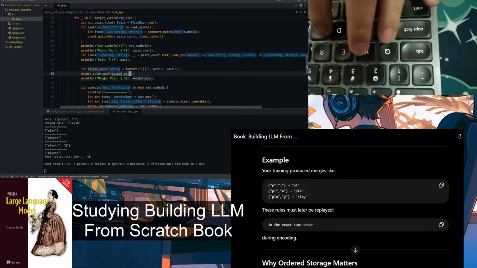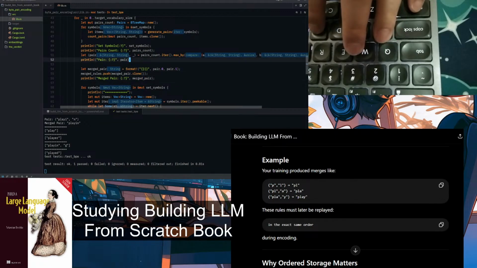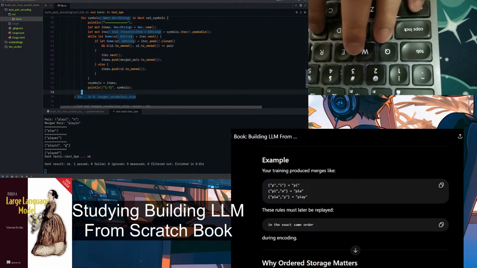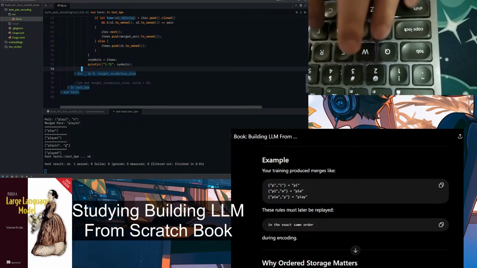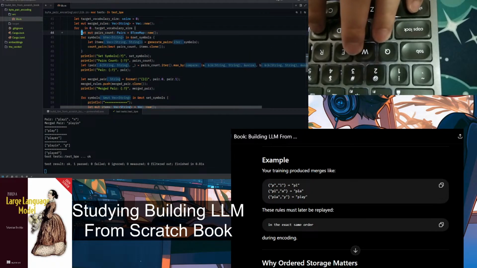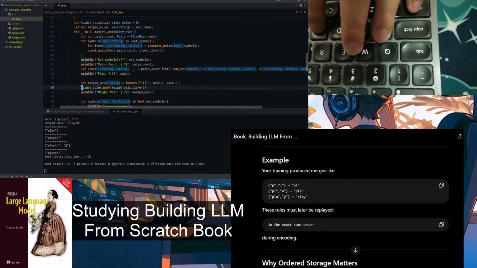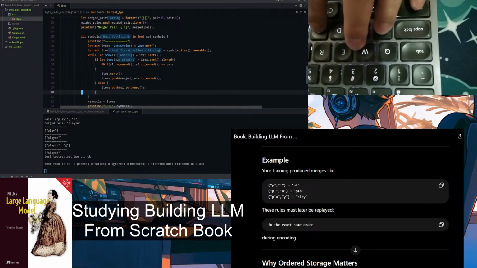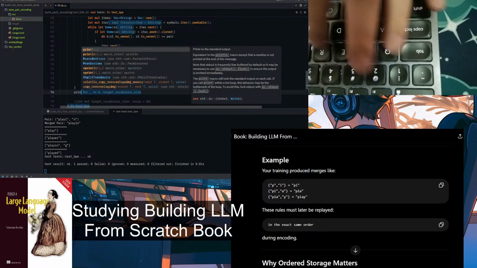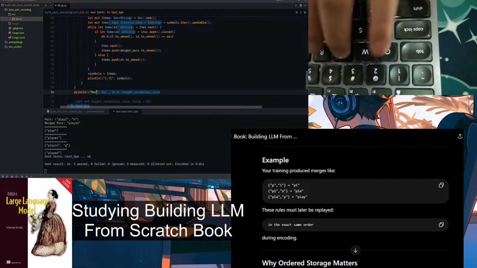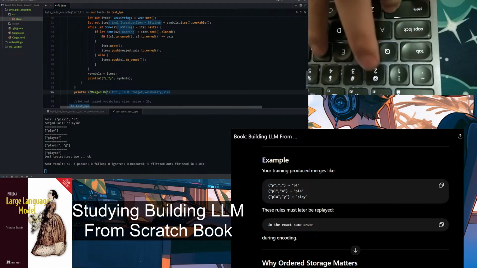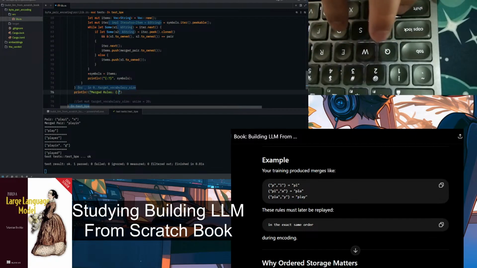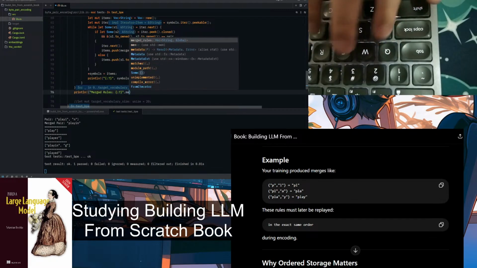So I need to clone it for now. I'll fix or optimize this one later once I achieve the desired output. Okay, so merge rules. Let's put it on the last one. I hope I'm correct with my understanding here.